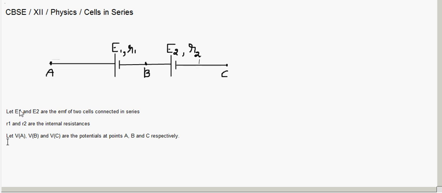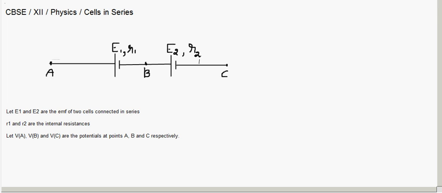So we have assumed some things: E1, E2 are the EMFs, R1, R2 are the internal resistances, and VA, VB, VC are the potentials at points A, B, C respectively.